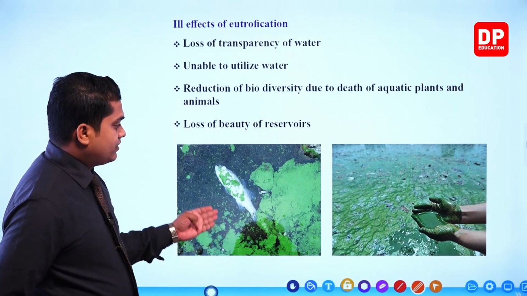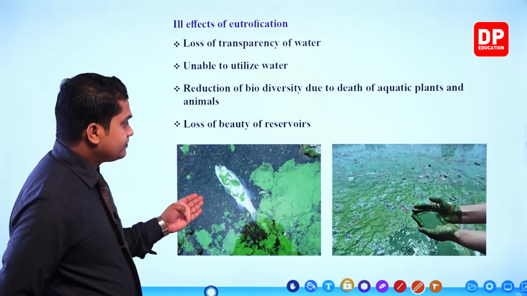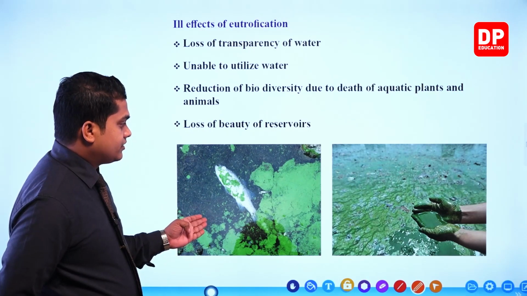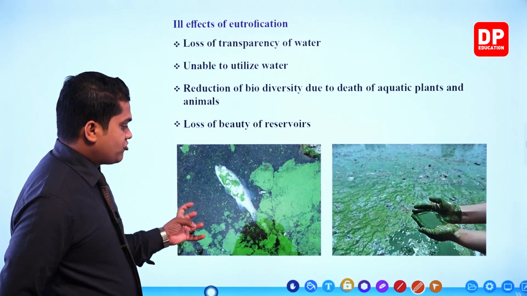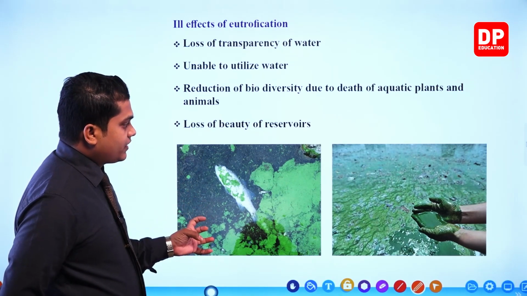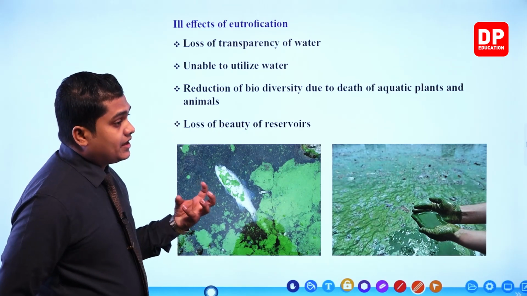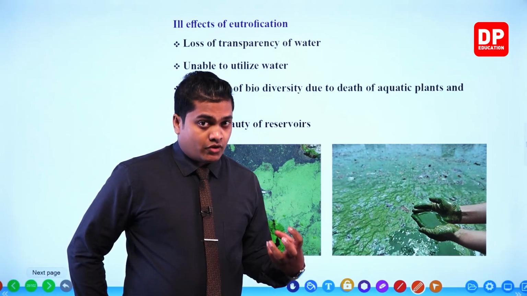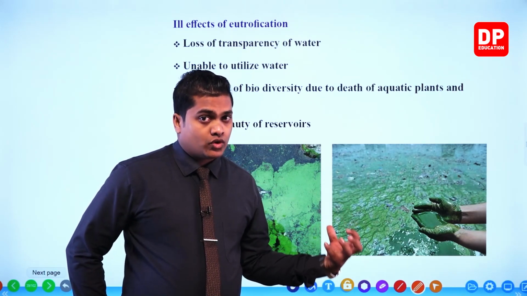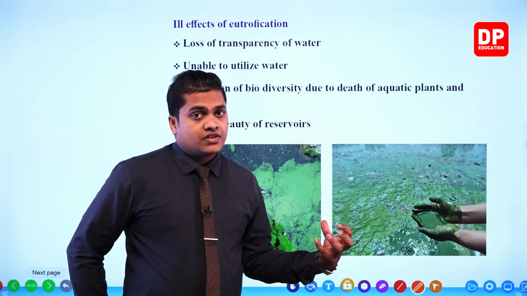As you can see within the figure given here, because of eutrophication, the animals, especially fish and other varieties of aquatic animals, and also other varieties of aquatic plants will not have a chance to survive in this water because of the excessive algae.